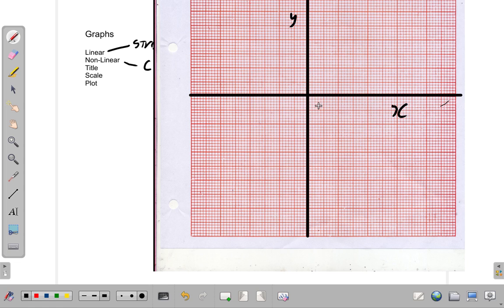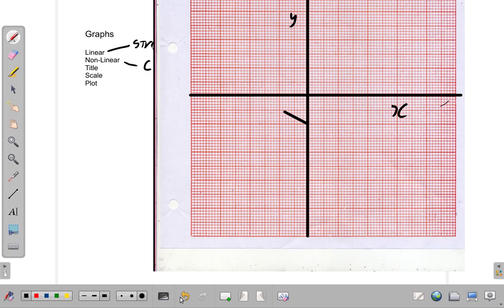Depending on the values, the x-axis could be down here, it could be up here. The height of the x-axis will depend on how convenient it is to place the numbers on it, as well as the position of the y-axis. It depends on how convenient it is to place your numbers on it.